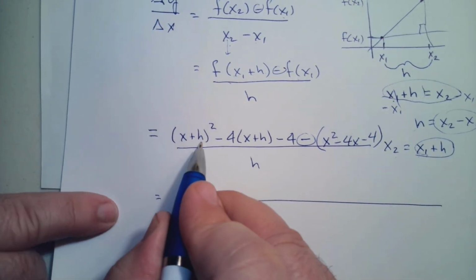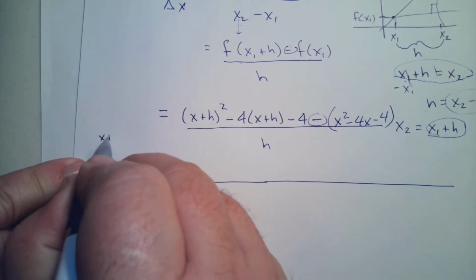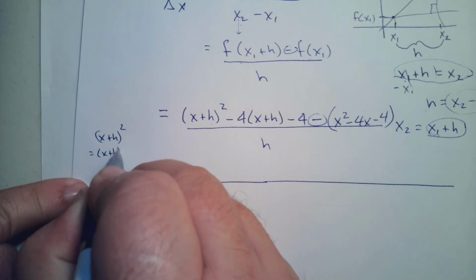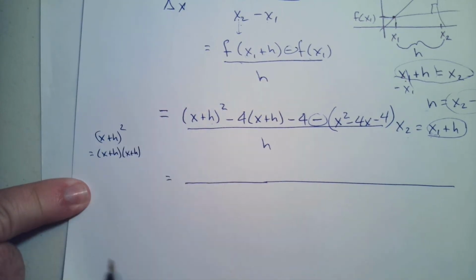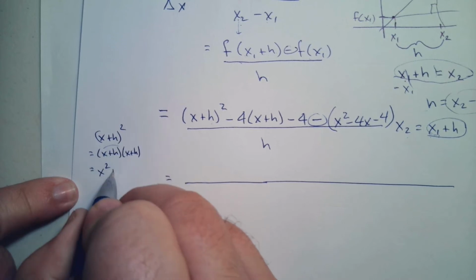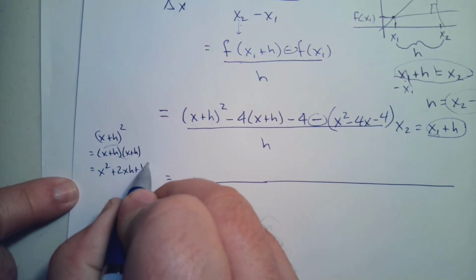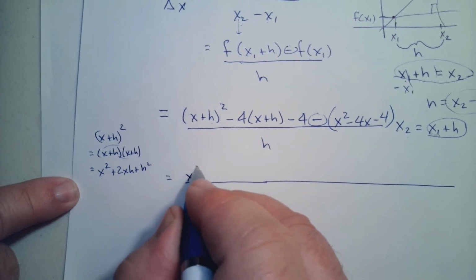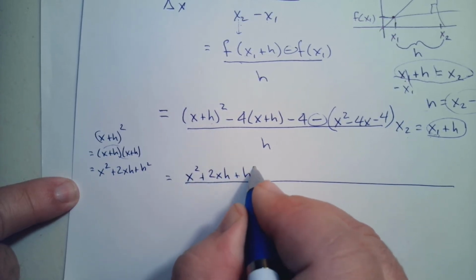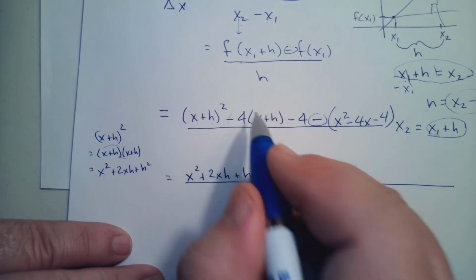We have to expand this one. x plus h squared is actually x plus h, x plus h. We have to do some FOILing, which gives us x squared plus 2xh plus h squared. Negative times positive is negative.